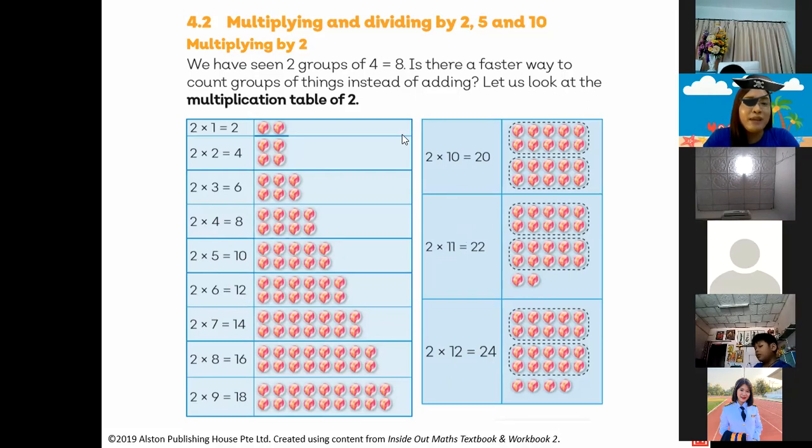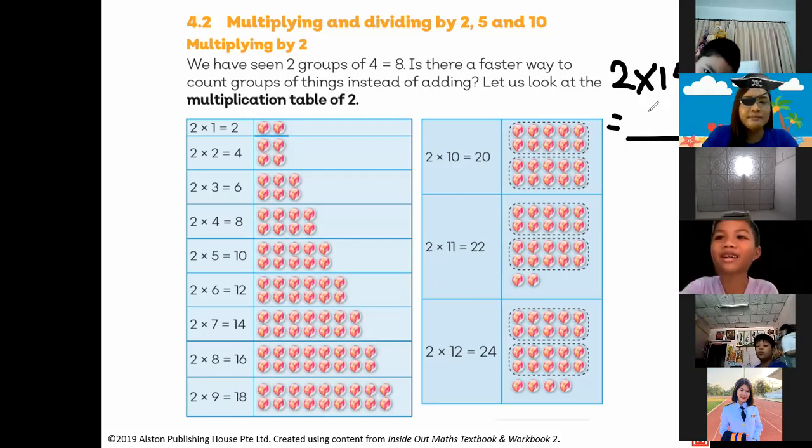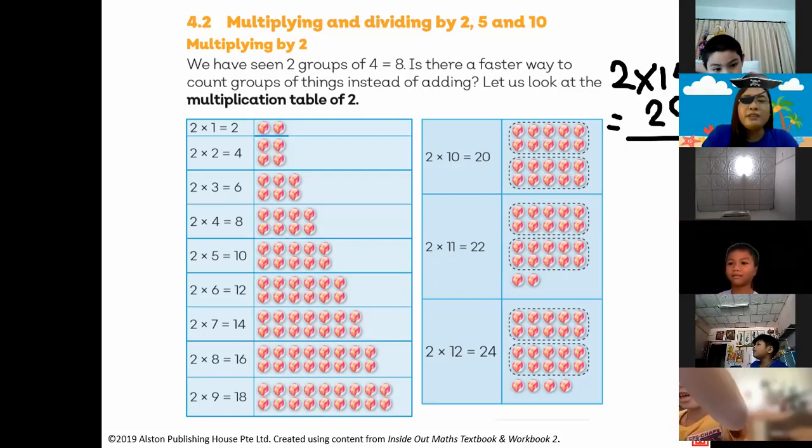What is 2 times 14? What do you think is the answer? Two times 14, class. 28. Very good.